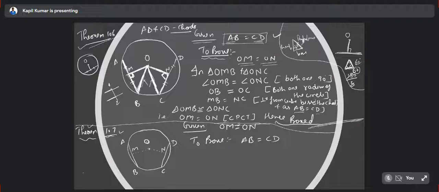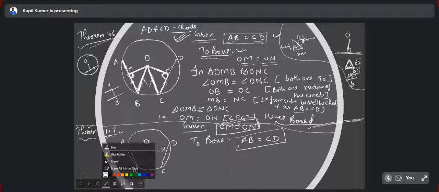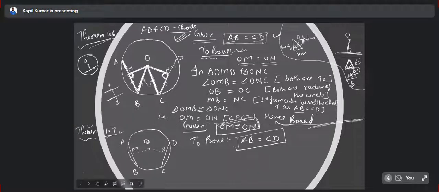Okay, so for 10.7, the only thing is what was given in 10.6. Here we require to prove it, and what was to prove here? In theorem 10.7, I have to do all those steps, right? Yes, the same steps we did in 10.6, with one difference only.